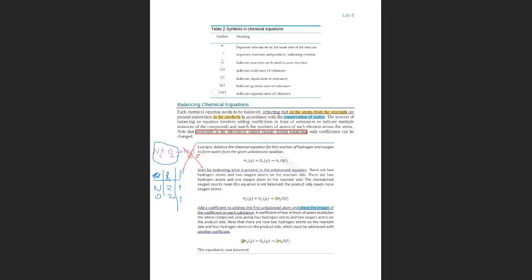All we have to do is write a big 2 in front of the nitrogen monoxide. So then we will balance the equation and we'll have the same number of atoms on the reactant side and on the product side. Any questions?